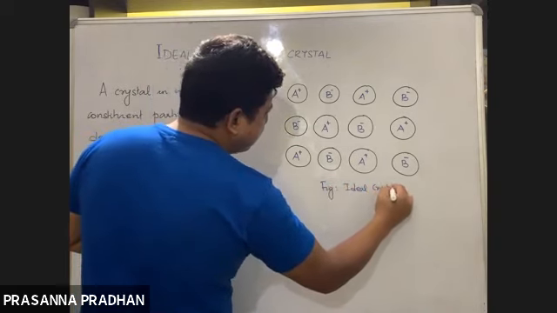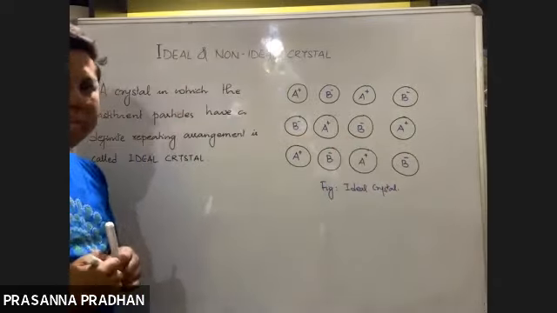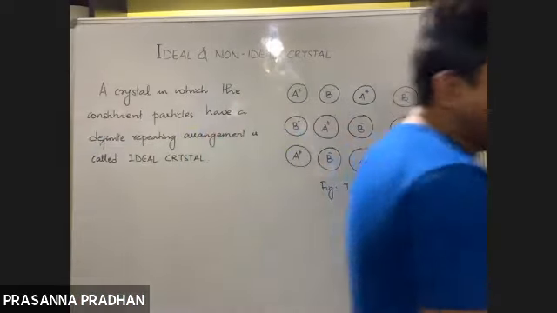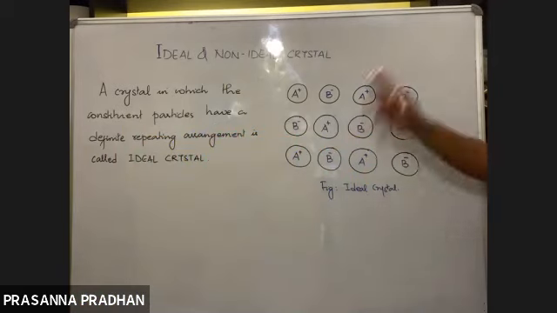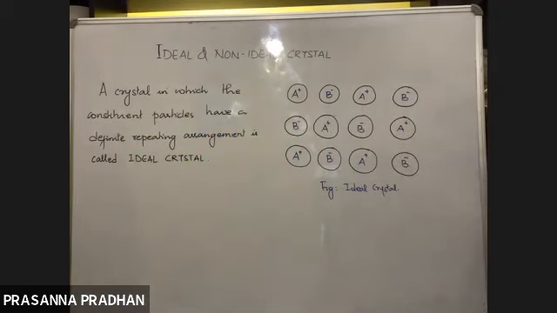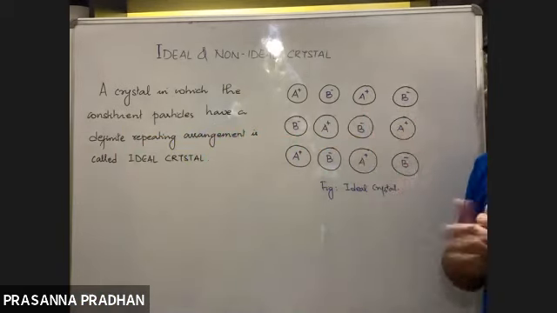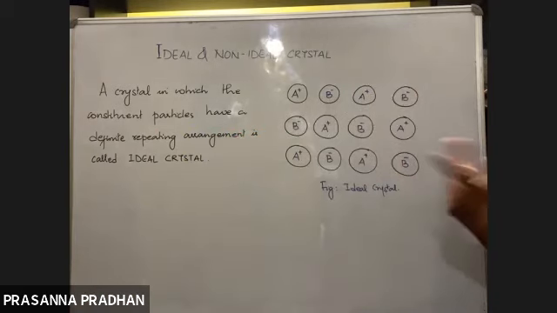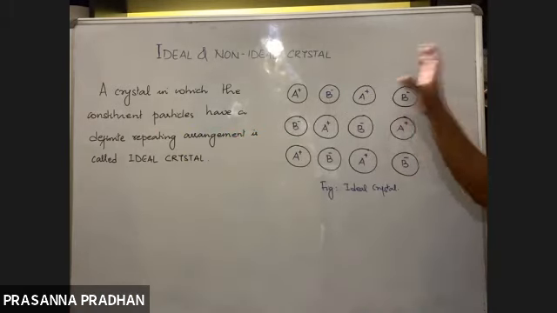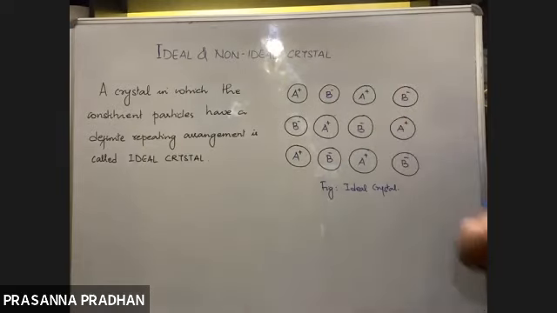But ideal crystal is only hypothetical, right? But as the temperature increases, what will happen to these particles? It will begin to vibrate. They cannot move here and there, obviously, as they are solid, but they can vibrate. So due to vibration, one or more of these particles may leave the position.